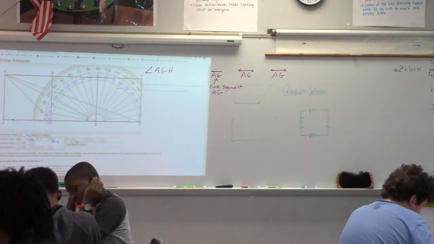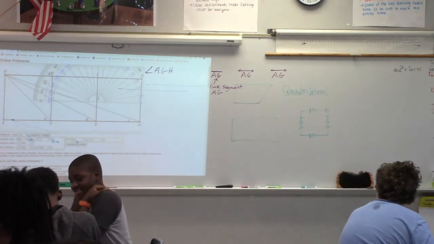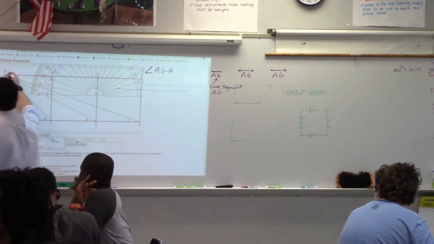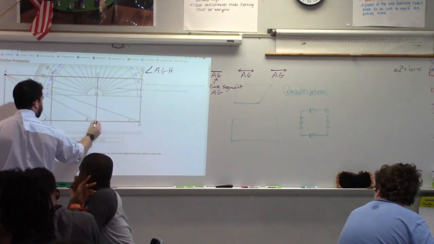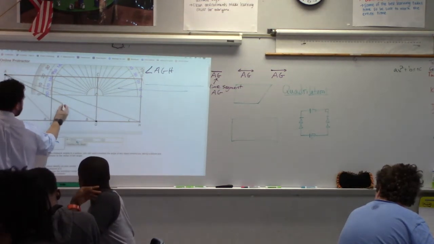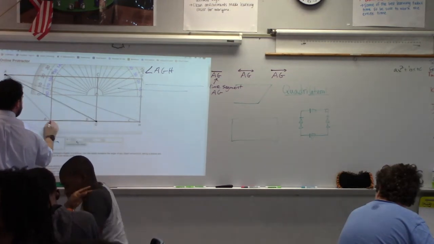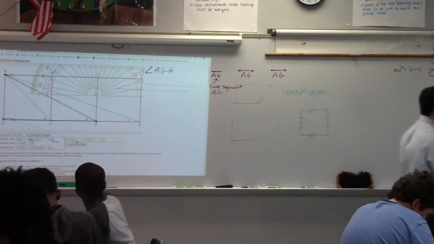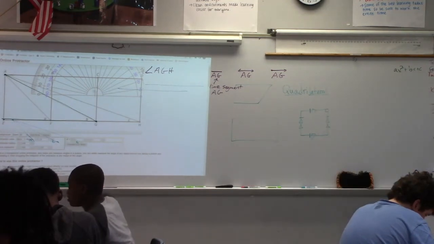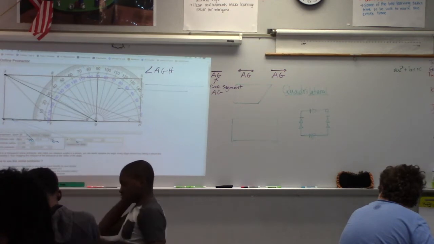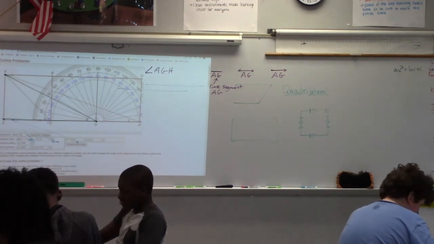What I'm going to be measuring with y'all right now is AGE. So I'm going for this angle. Right there. And so, again, I put that T right on the vertex.